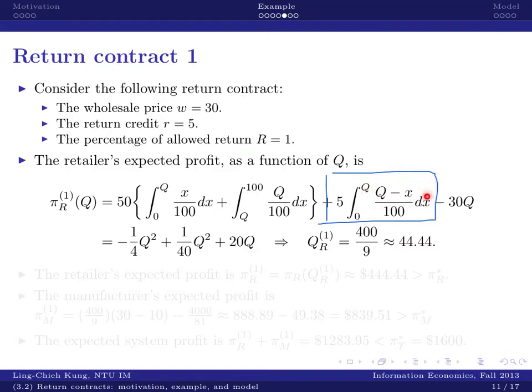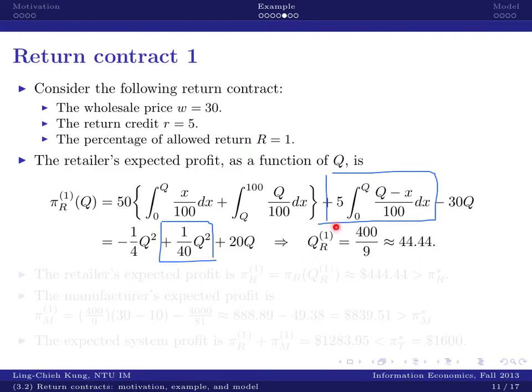The amount of leftover is capital Q minus X, and for each unit of that, the retailer is compensated by $5. This part is what's new under the return contract, and it translates to this new quadratic term. You may verify that after all you will get this.